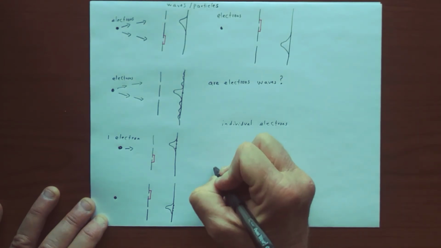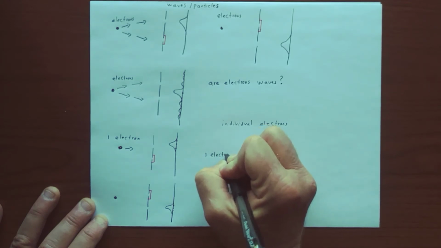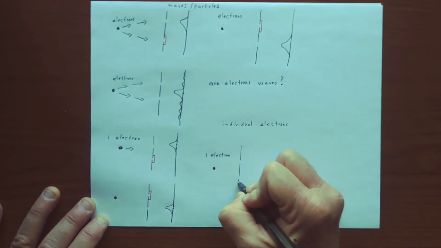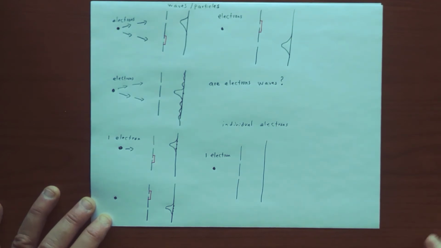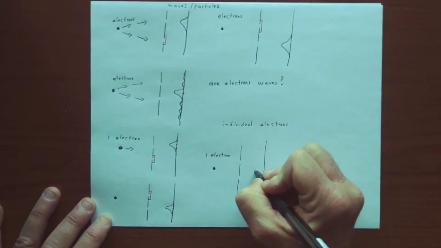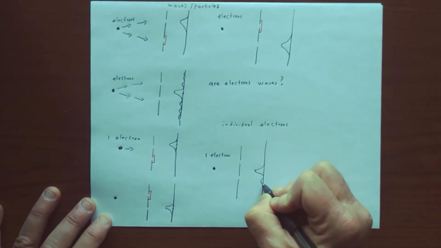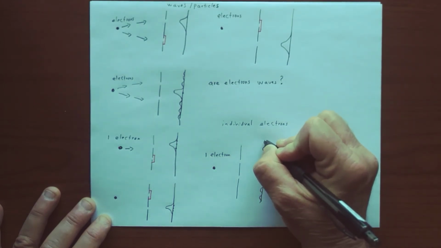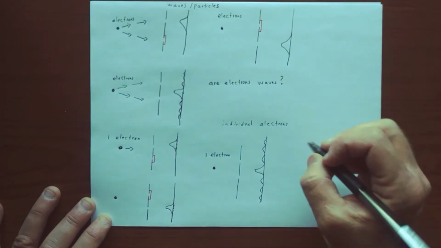But the weird thing is that if we do this experiment, here's one electron, and we keep both slits open, it's not the sum of these two peaks that we get, but we get the peak here, which is the kind of thing we're familiar with from wave behavior, the standard interference pattern. So it's a little strange that this happens with one particle.